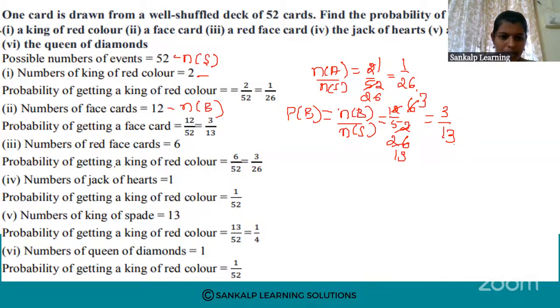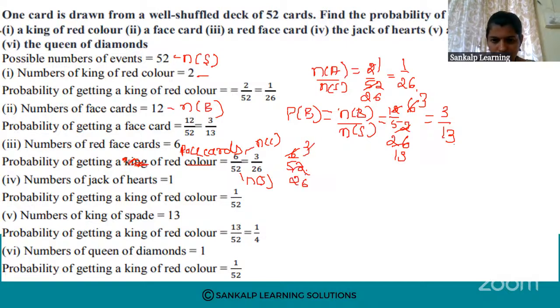Therefore probability of getting red face cards, that is 6 divided by 52. This is n of c, this is n of s. So n of c divided by n of s is 6 divided by 52. So 2 3s are 6, 2 26s are 52, so 3 divided by 26 will remain.